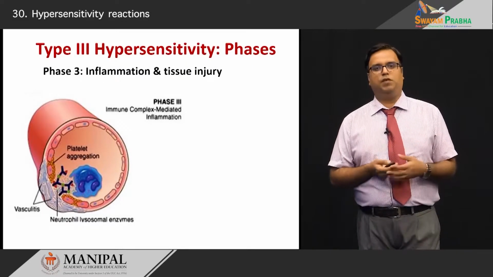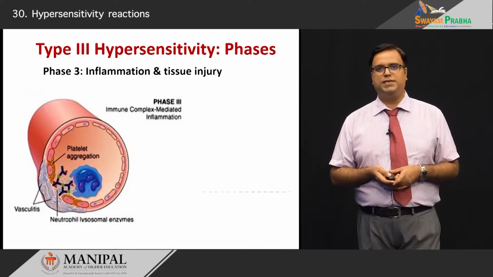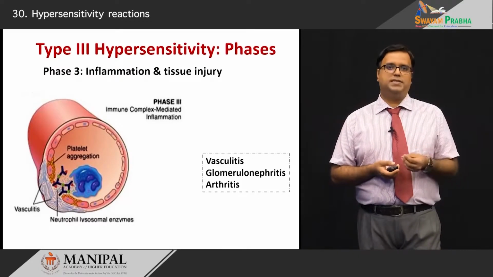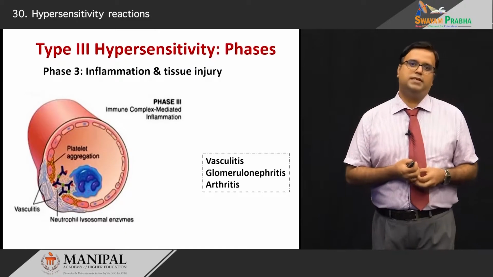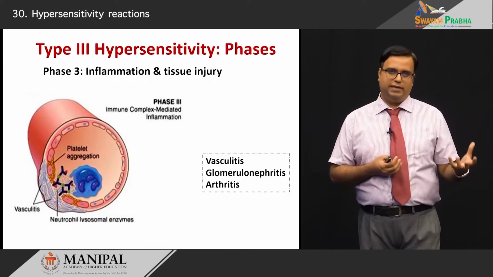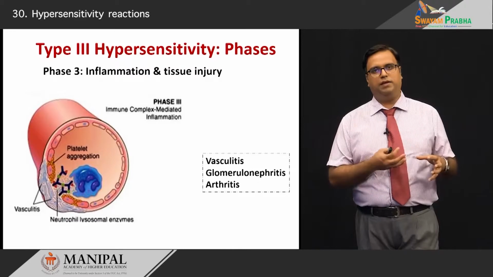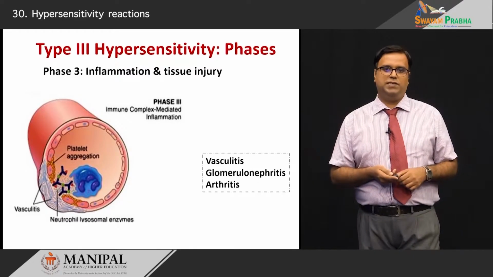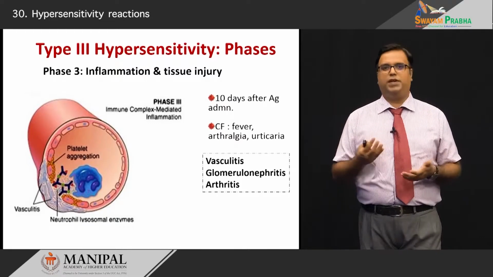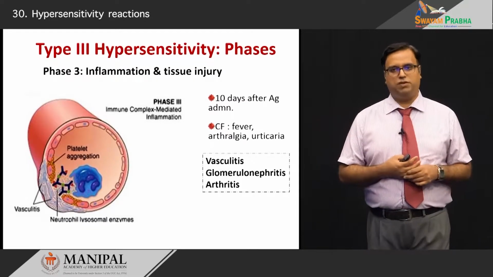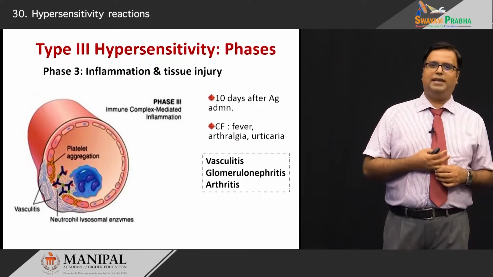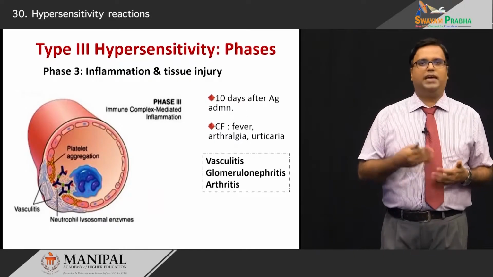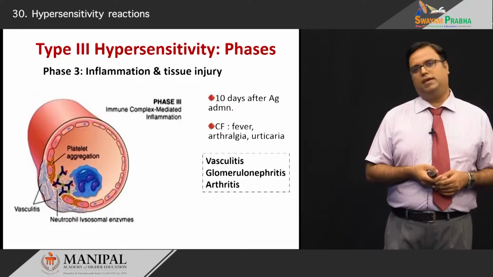Of course, we have seen the formation of immune complexes on the surface which recruits a lot of inflammatory cells, which release proteases and other important enzymes, which bring in vasculitis or tubulitis in the region where the immune complexes have indeed deposited. So this results in the clinical manifestation, which is usually 10 to 15 days or so after the administration of the antigen, and it is indicated by the clinical triad of fever, joint pains or even urticarial type of rashes that one can see in the body.